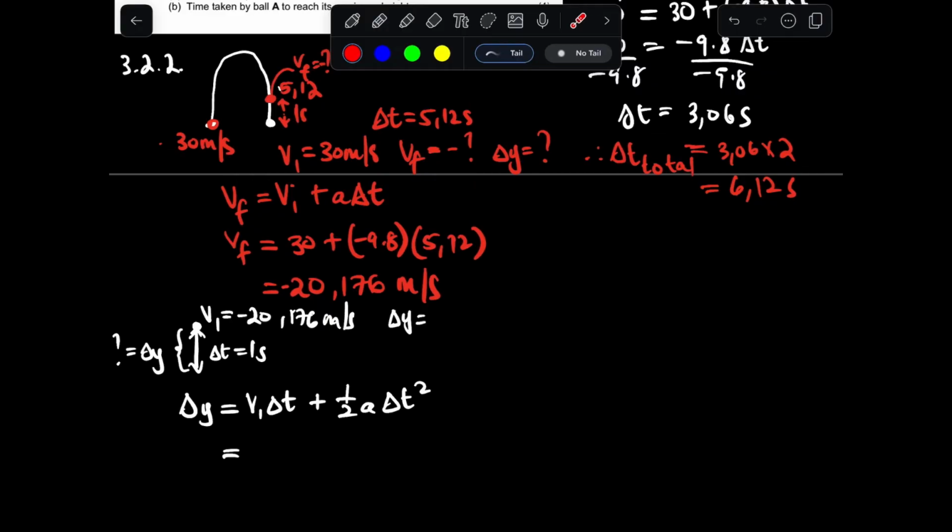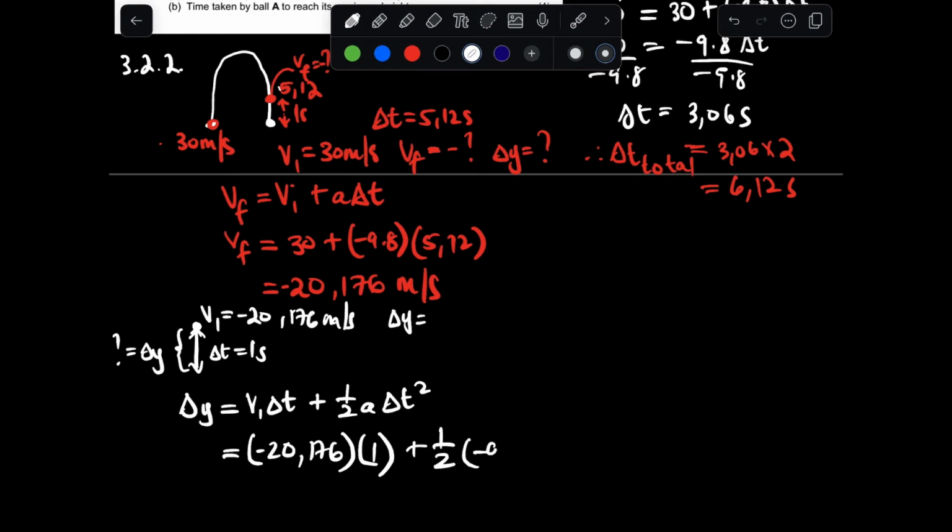The initial velocity is the velocity it reaches at this point there. Guys, I hope you understand that. Now the initial velocity is negative 20.176, the time is 1 second, plus half acceleration, 9.8, and the time is 1 second.